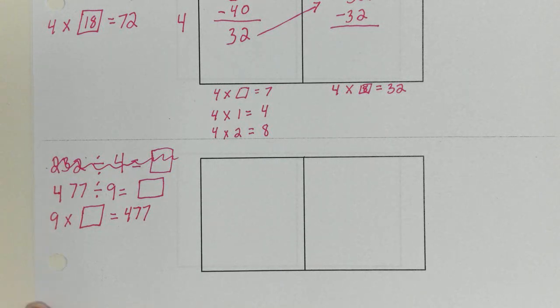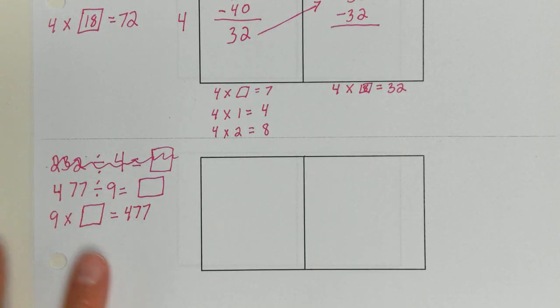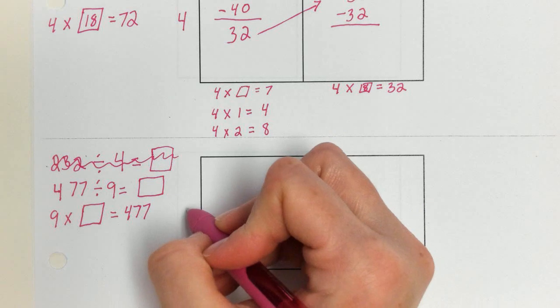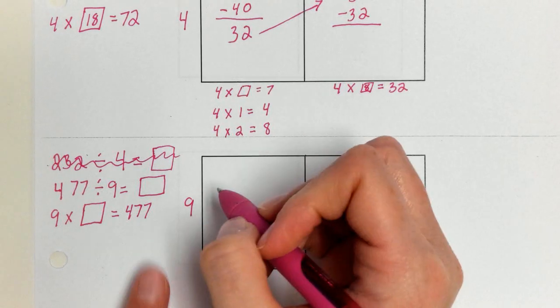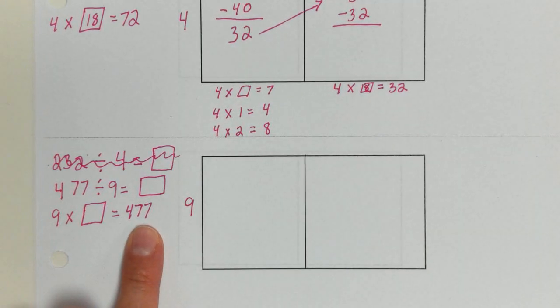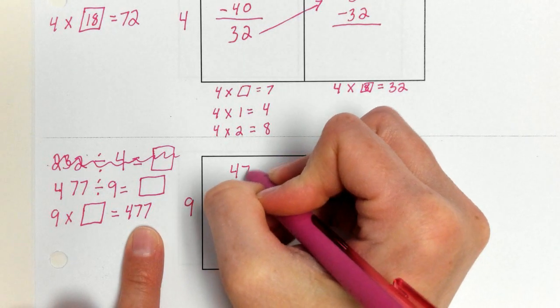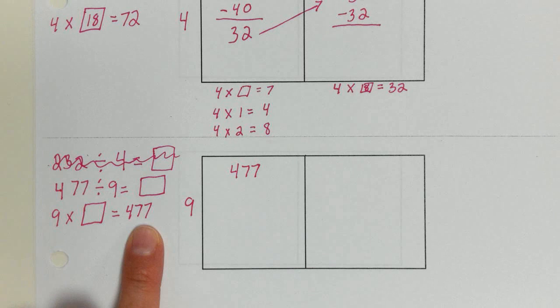All right, so Cody, as I try to build my mystery number, where will the 9 go? The 9 goes on the side of the box. Where does the 477 go? Yep, inside the first box. And then what else do I need to add?